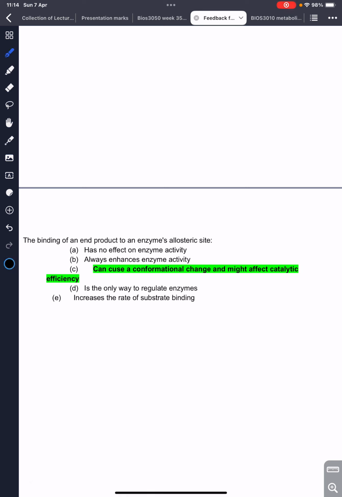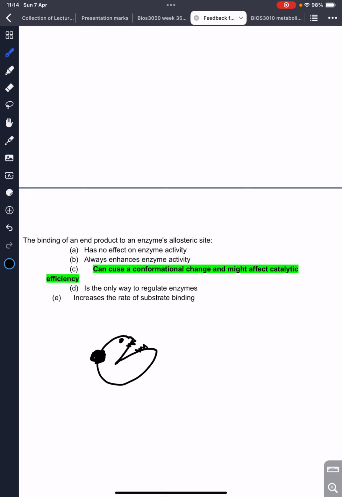This question asks about the binding of an end product to an enzyme's allosteric site, and we remember that here we've got, for example, an active site, and we might have an allosteric site where we can bind an allosteric effector.